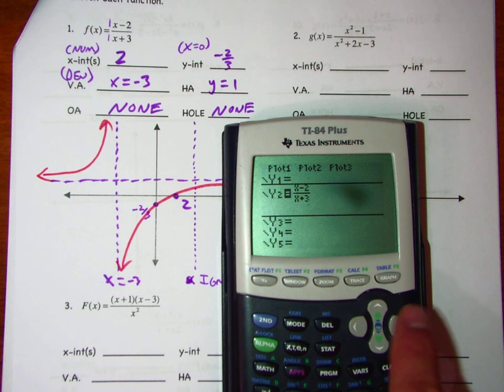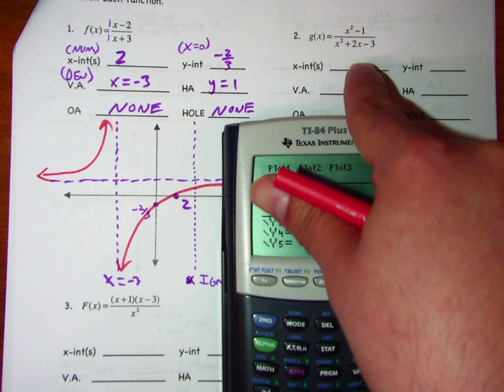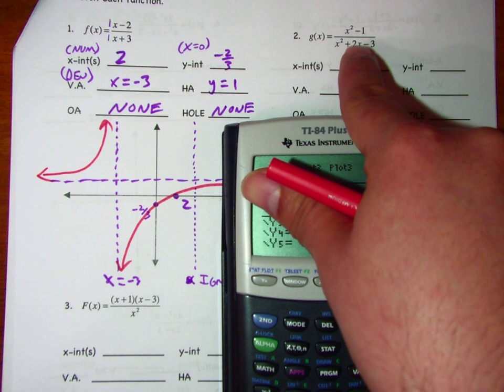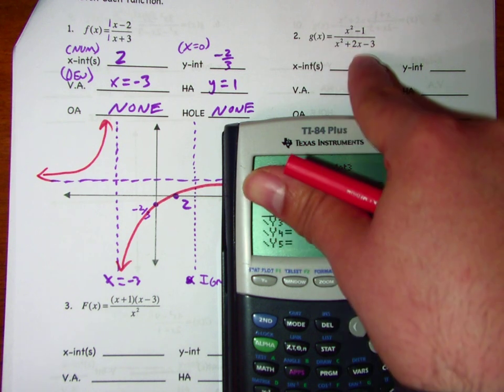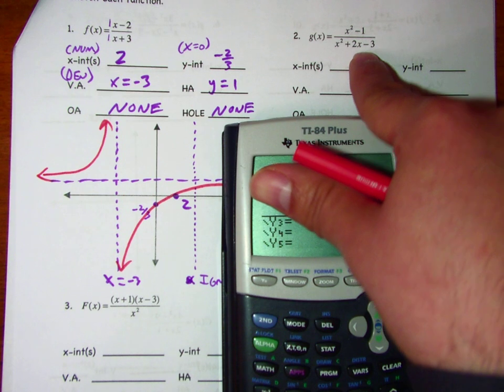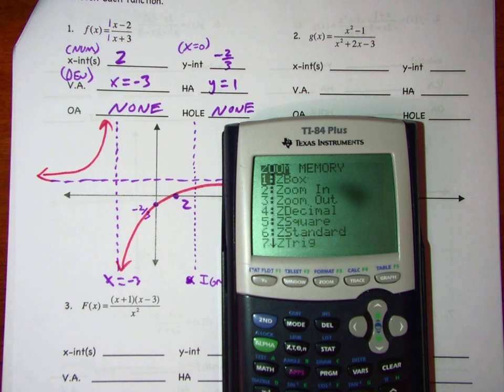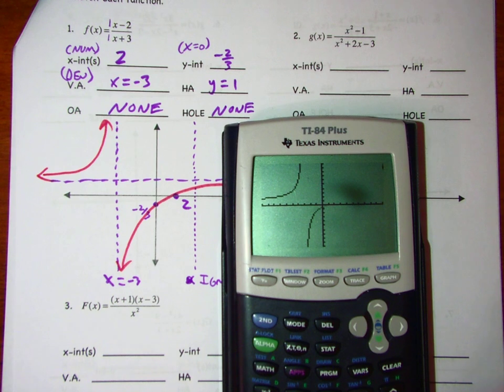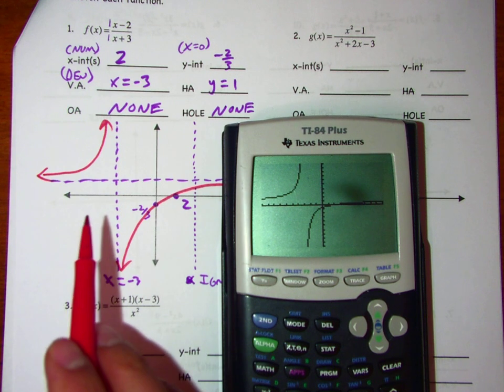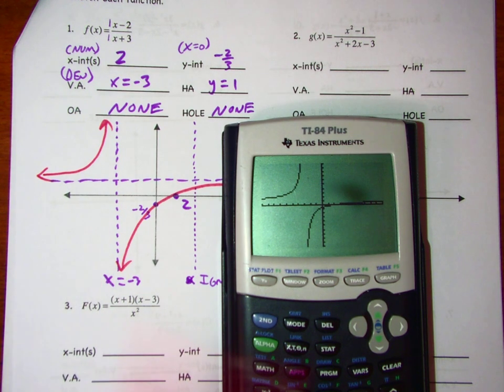So whether it's factored or not, for example, if I was going to check number 2, I would factor this, but I would type it in as it is now, before factoring. Okay, and if you hit graph, you can kind of see that we have what we have. Okay, so that's a good way to check.